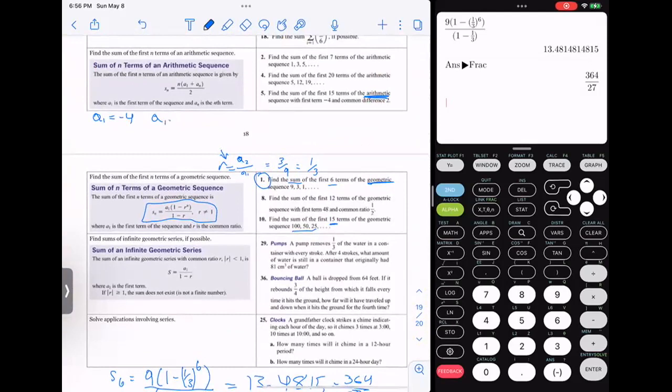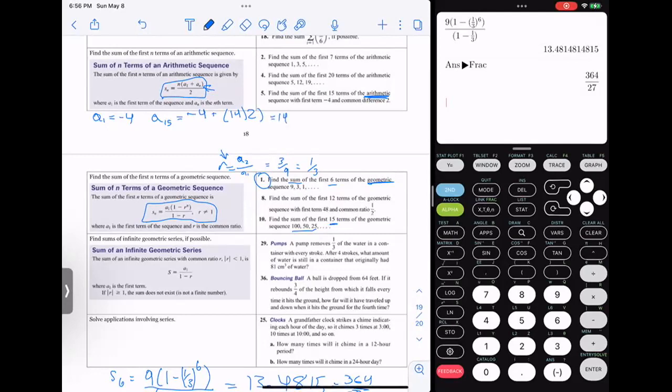So A15, because for our formula here we're going to need that A sub n. So A15 is equal to A1, which is -4, plus n minus 1, so 15 minus 1, which is 14, times our common difference of 2. So that'd be 28 minus 4 is equal to 24.